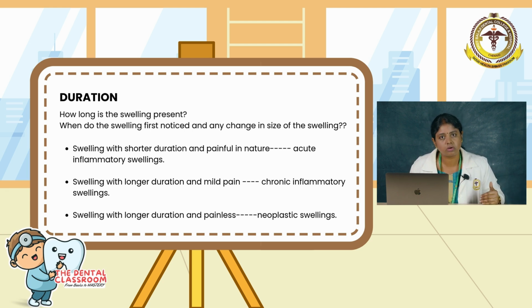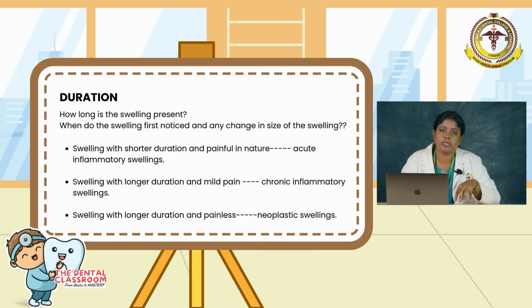What inference am I getting from it? If it is of very short duration, it is an acute swelling. If it is there for a very long period, then it is a chronic swelling. So with this question of duration, I'm able to conclude whether the swelling is acute or chronic.